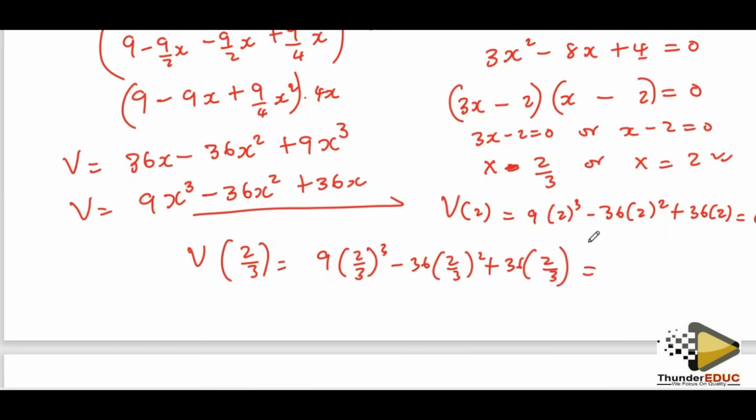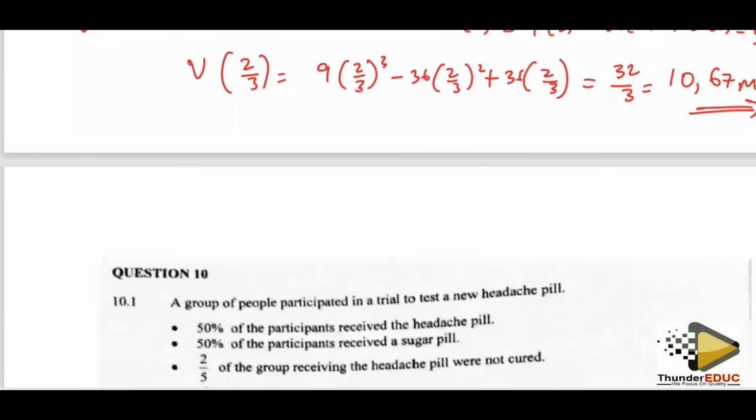I'm getting 32 over 3, which is the same as 10.67 meters cubed. So this will be the maximum volume, because 0 can't be the maximum, the maximum number is 10.67. Okay, so that is question number 9.